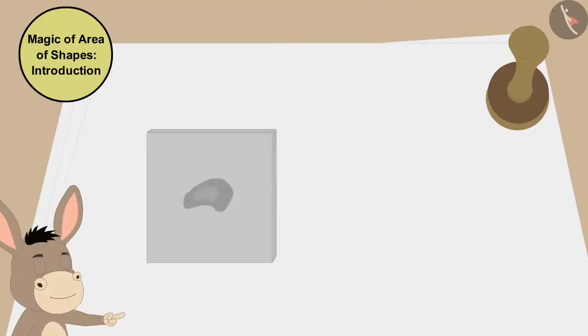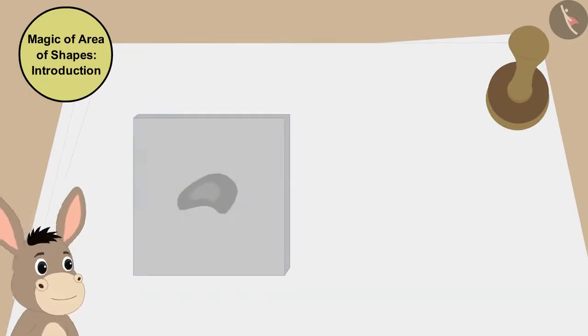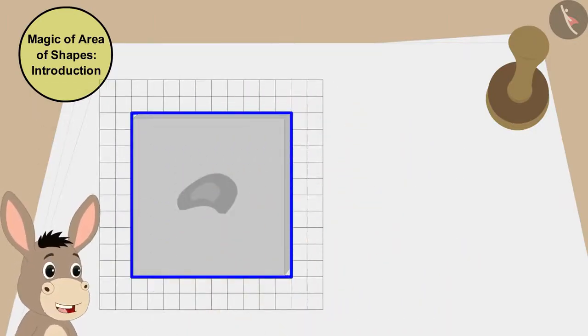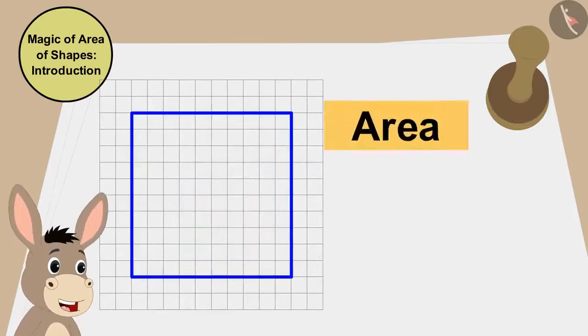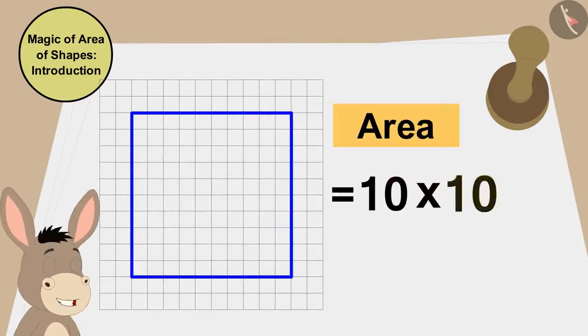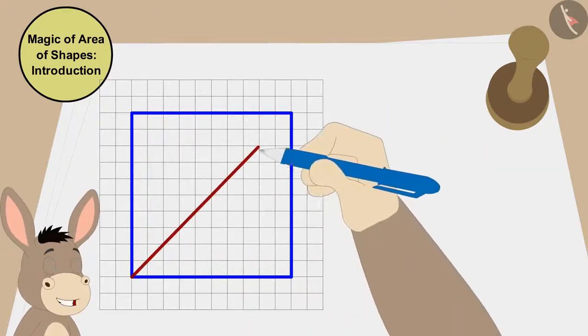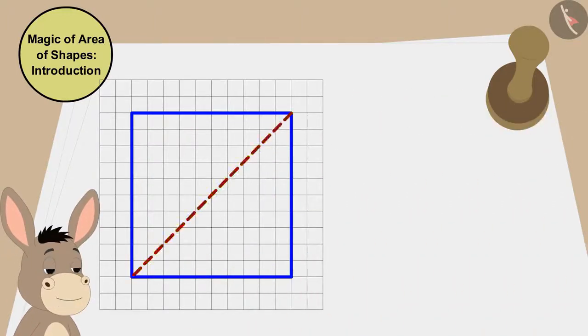Bhola first drew the outline of the cashew barfi on a grid paper like this. The area of this cashew barfi is 10 times 10. That's 100 square centimeters. If I draw a straight line like this, I will divide this cashew barfi into 2 equal triangles.